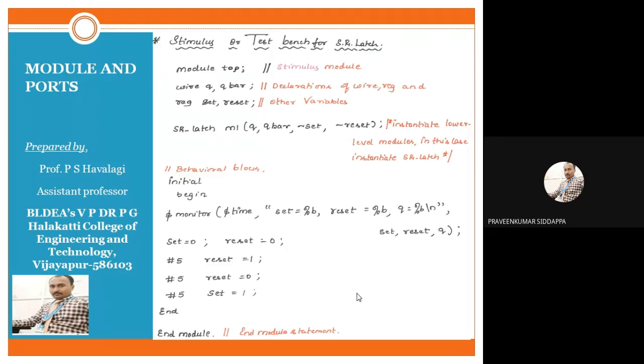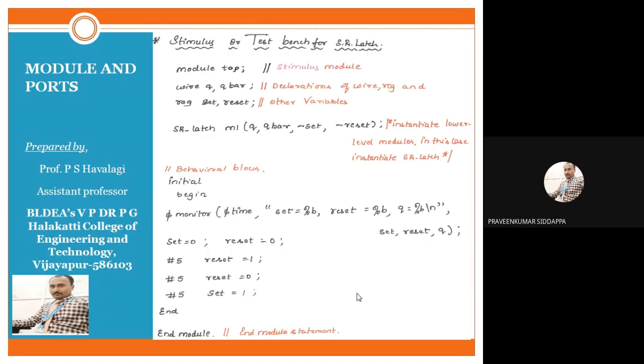We don't write the output. If you write the output, then there is no need to write the code. Is it clear? So we should only write the inputs: set equals 0 and reset equals 0. These two inputs we are applying to your Verilog code. After analyzing your whole code, depending upon these two inputs, we'll get the output.